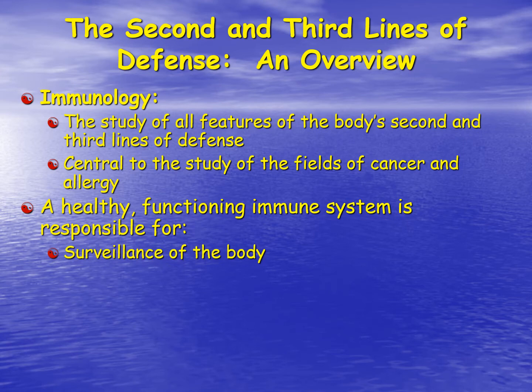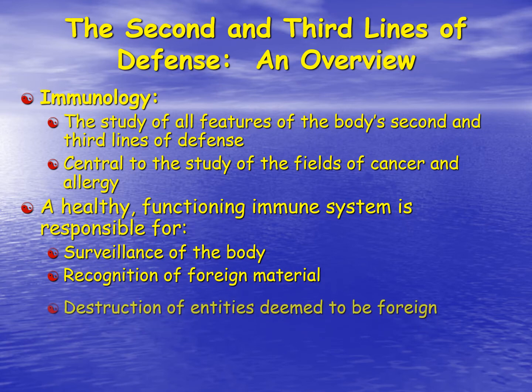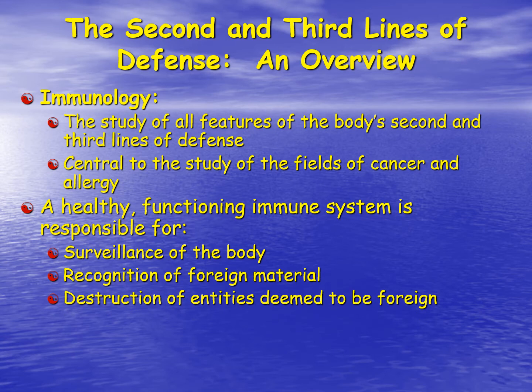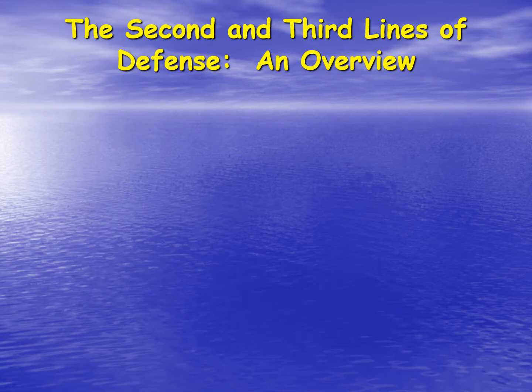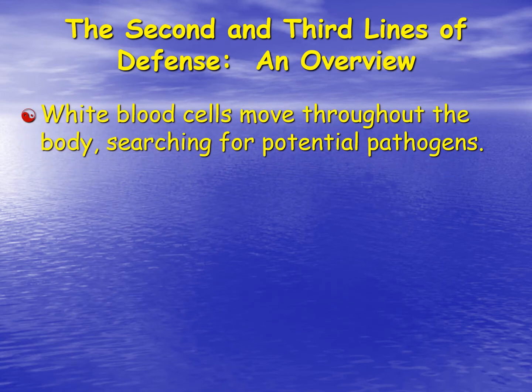So our immune system is continually checking for foreign or abnormal substances in the body, recognition of any foreign or abnormal substances, and destruction of those entities that they find. So let's look at inflammation and phagocytosis, and this is the second line of defense.